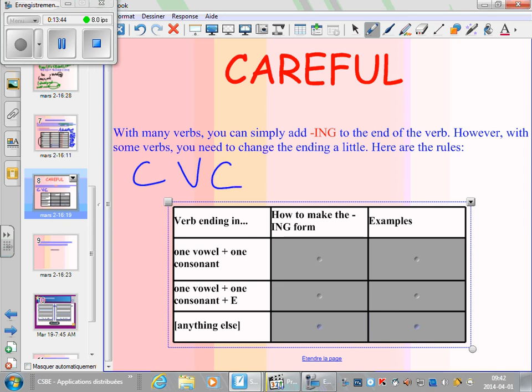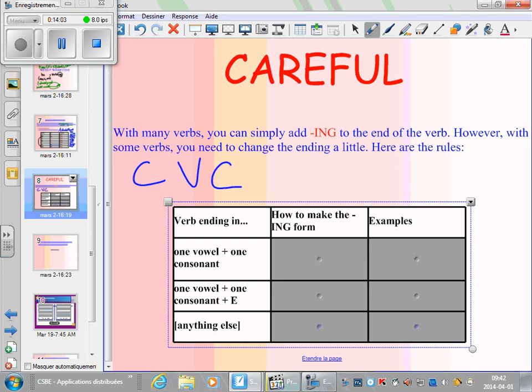What do you think it means, CVC? There you go. Consonant, vowel, consonant. What happens when this depicts the 3 last letters of a verb?